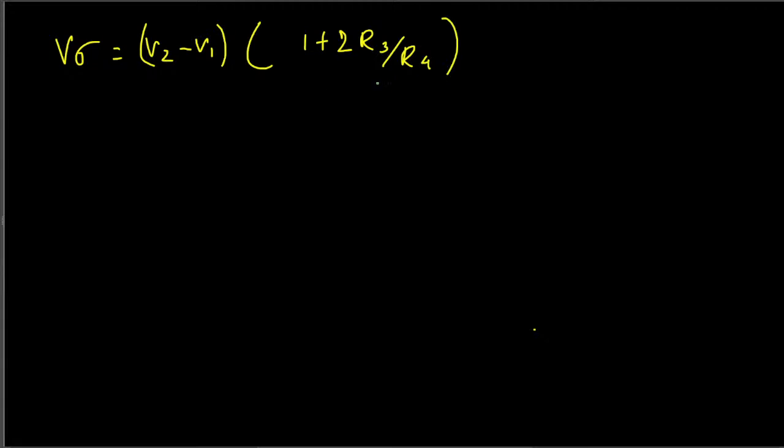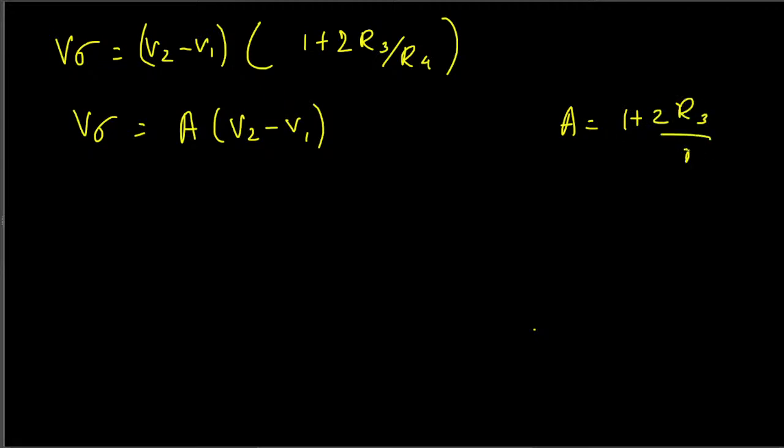Okay, and V output could generally be given as the gain times V2 minus V1, and here the gain is this. In this equation, the gain A is equal to 1 plus 2R3 over R4. Okay, and that's basically it.